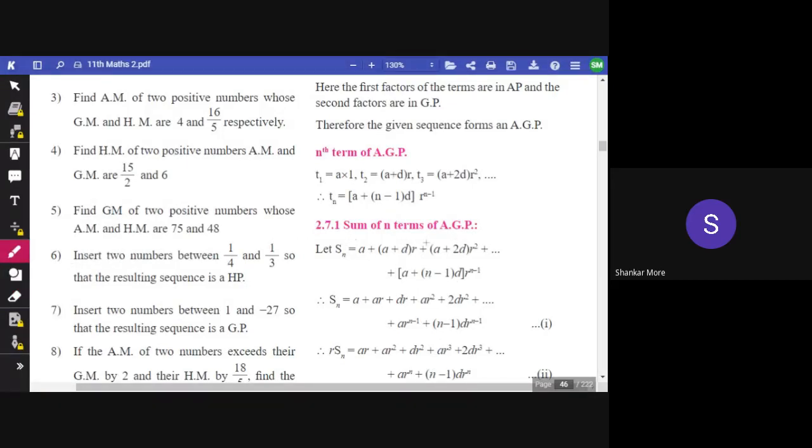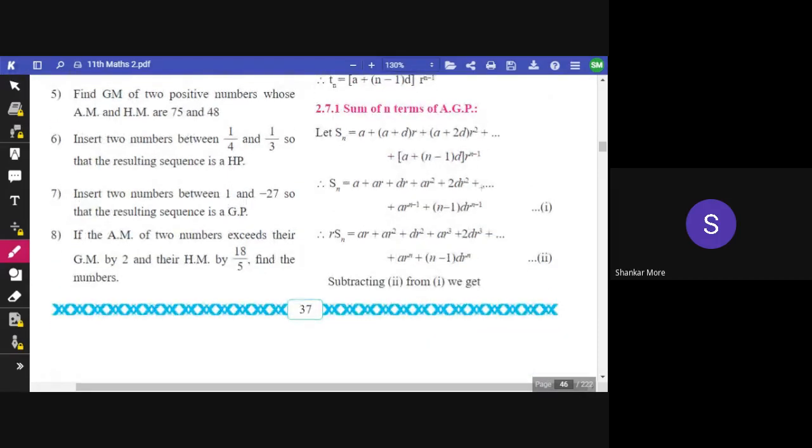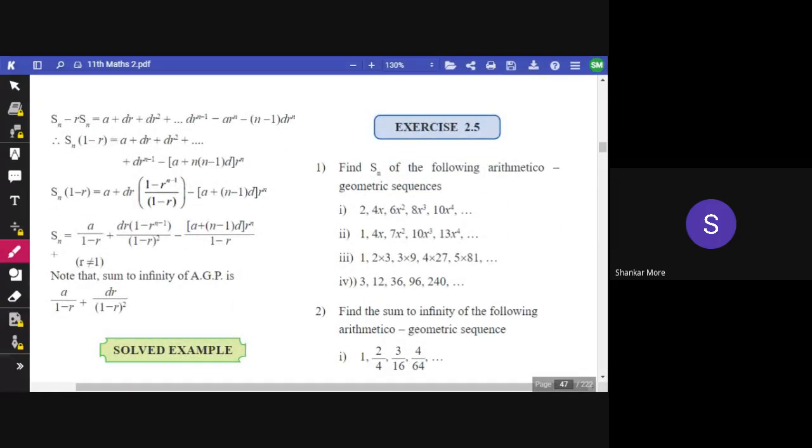So, sum of n terms of AGP. This proof is quite long, so I'm not going to prove it to you. I will just give you the formula. Sn is equal to A by 1 minus R, plus DR(1 minus R raised to n minus 1) divided by (1 minus R) whole square, minus (A plus (n minus 1)D)R raised to n divided by 1 minus R. So you have to remember this formula.